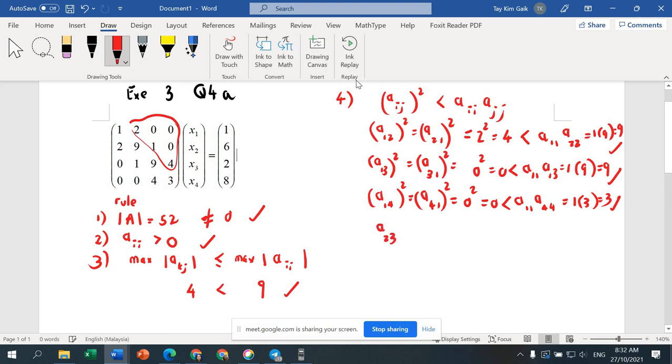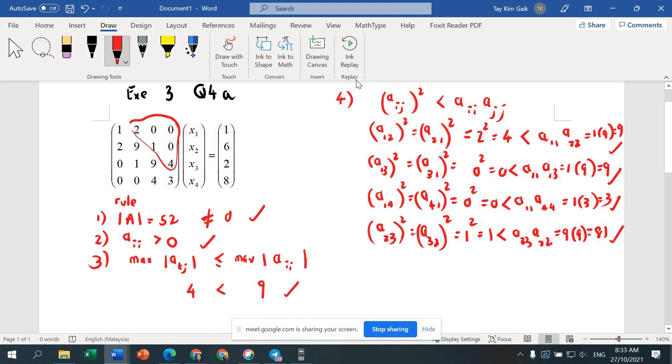So checking another one, I think A23. A23 squared is equal to A32 squared, which is 1 squared equal to 1. Is it less than A33 times A22? 9 times 9 is 81. So it is true, 1 is less than 81.